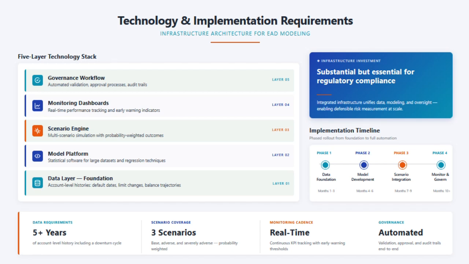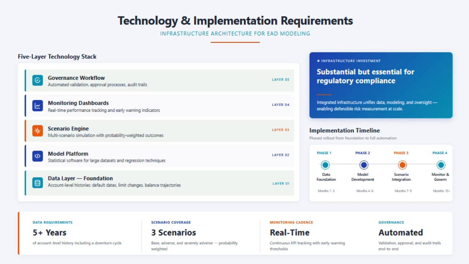So from an implementation perspective, EAD modeling requires robust technology infrastructure. First is the data requirement. Historical account-level data with precise default dates, limit changes, and balance histories. Model platforms. Statistical software capable of handling large datasets and complex regression techniques. Scenario engine.